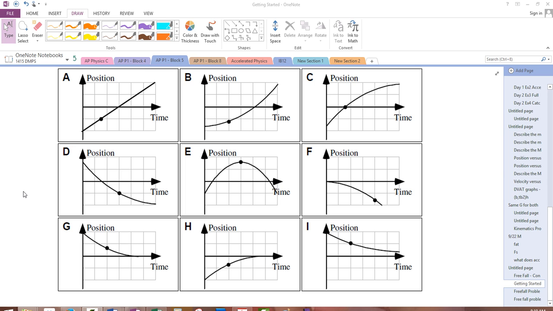Is the velocity 0? If any is the velocity... Yes? Yes. We know that.